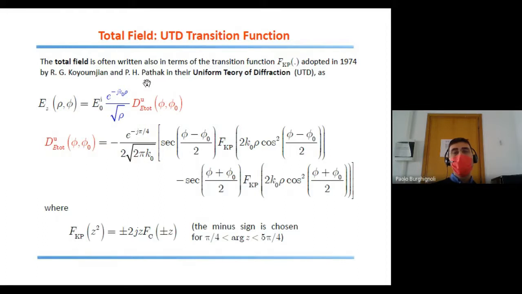In particular, Kouyoumjian and Pathak in their historical paper of 1974, in which they introduced the uniform theory of diffraction, cast the uniform diffraction coefficient in the form reported here, where they used a transition function F_KP, which is related to the Clemmow transition function as in the bottom of this slide. And again, this expression is continuous everywhere.